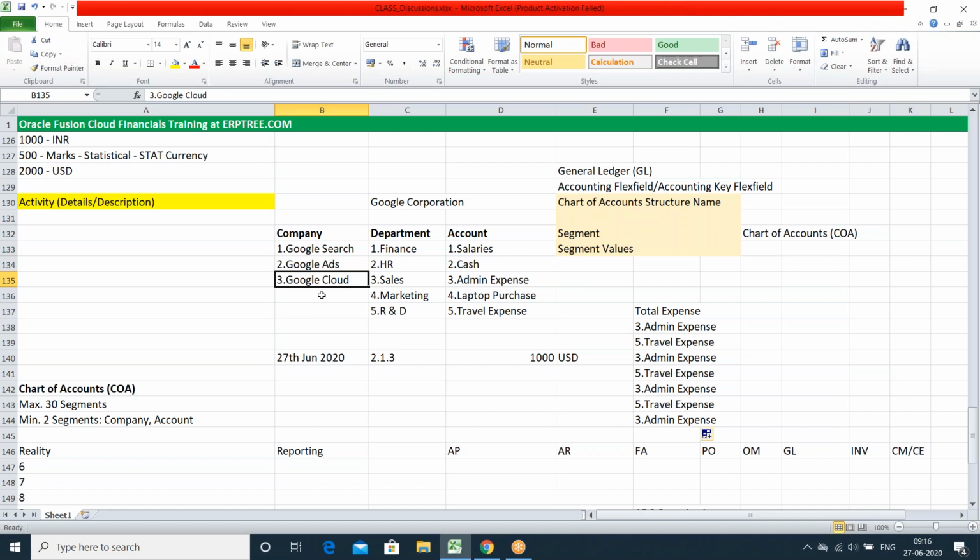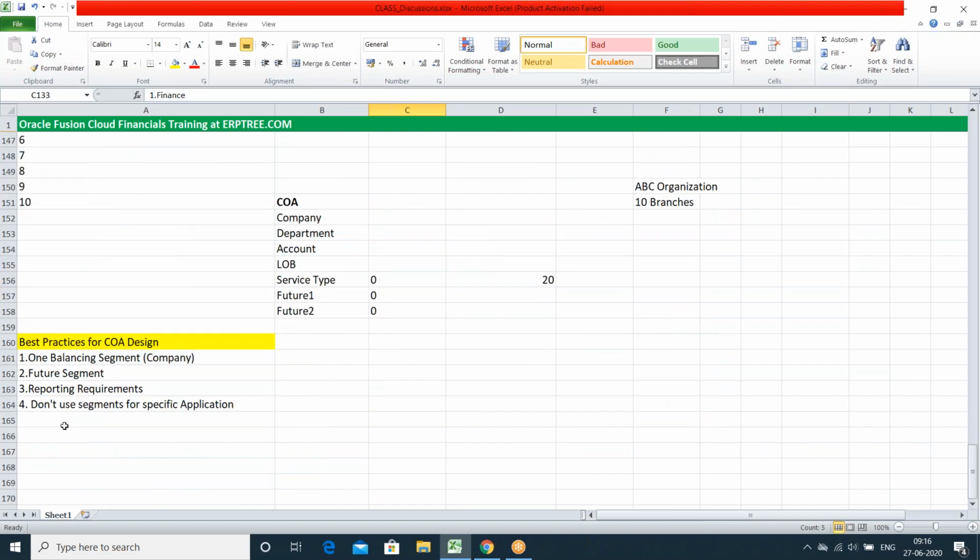It will display the information related to the 3 companies. The same way for departments also. For everything, you can create parent and child relations. As a best practice, we have to suggest this to the client: parent and child.